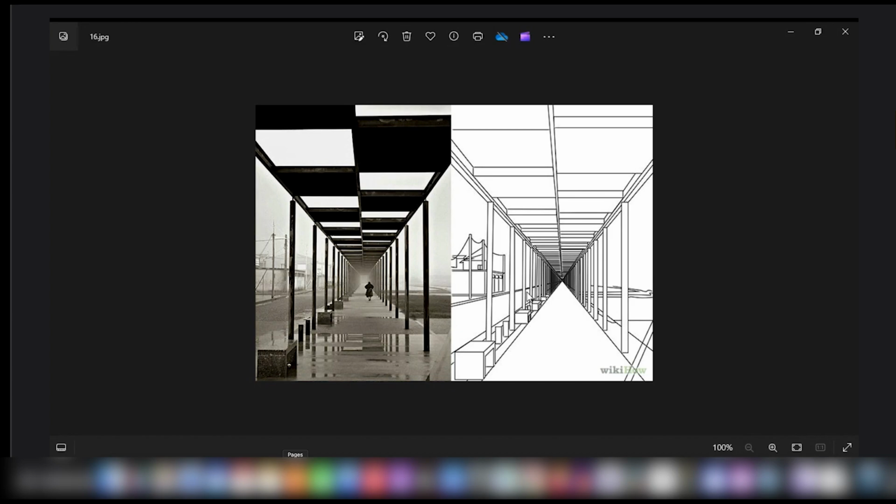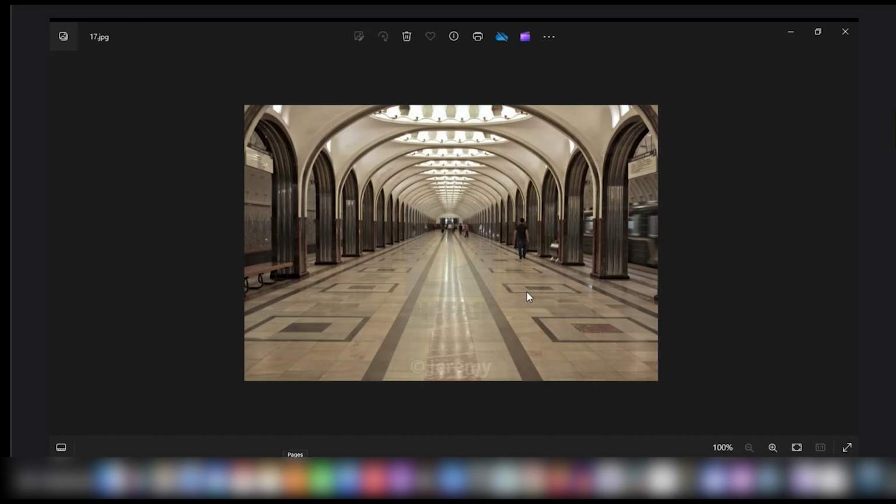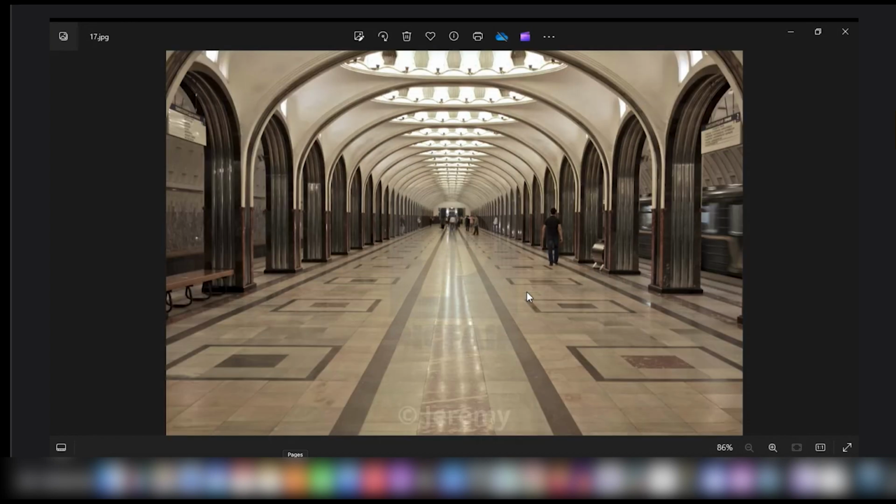So let me show you another image. See, now you will be able to correlate what I was trying to say. Why is this kind of one point perspective ideal for frontal views of buildings? Like if you are trying to draft any sketch, or grab any photograph, like everyone uses a smartphone nowadays.